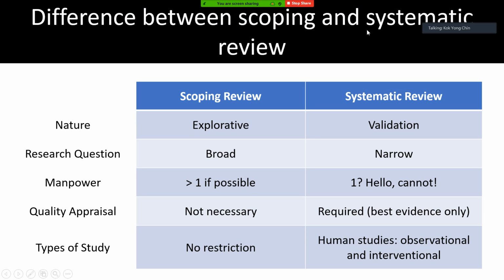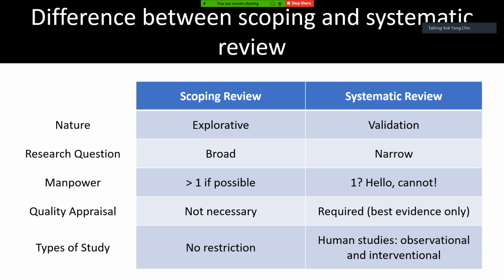And for the type of studies, there's actually no restriction on what kind of studies you can include in your scoping review. It can be qualitative, quantitative, preclinical, clinical, trial, observational. It doesn't matter, because what you want to do is gather all the evidence available on one particular topic.